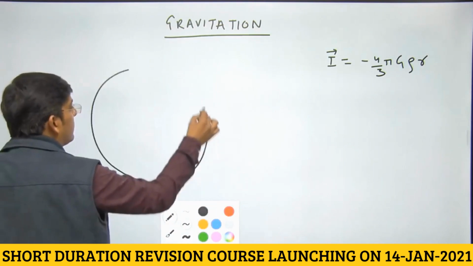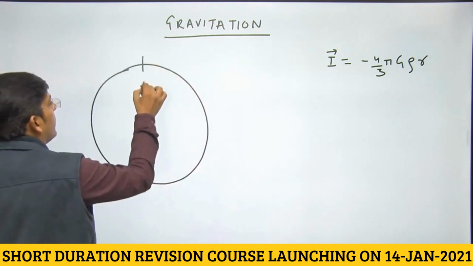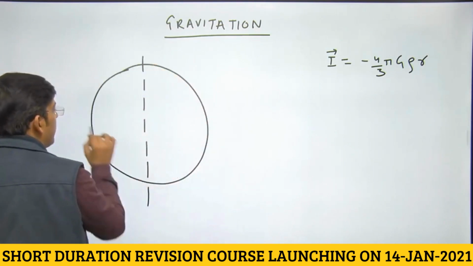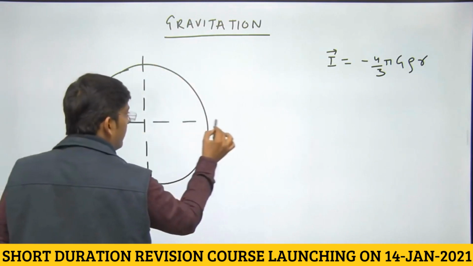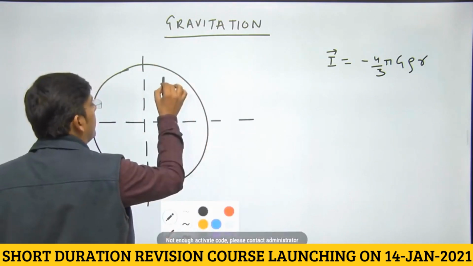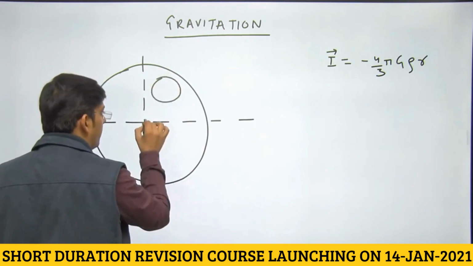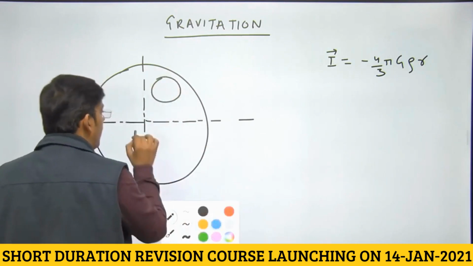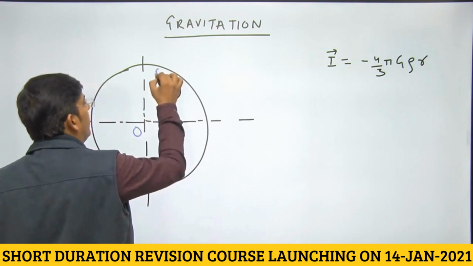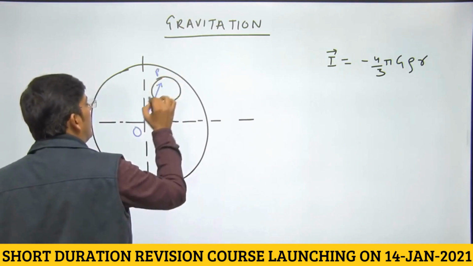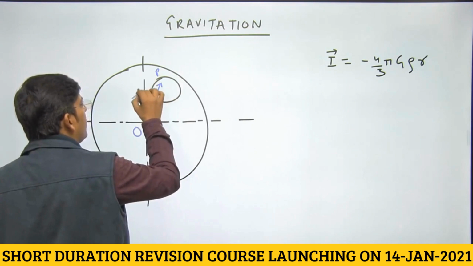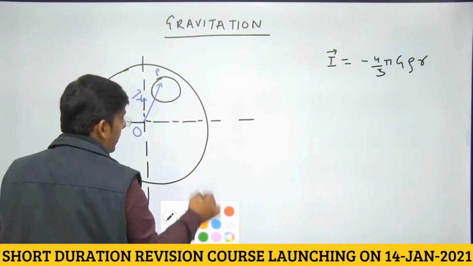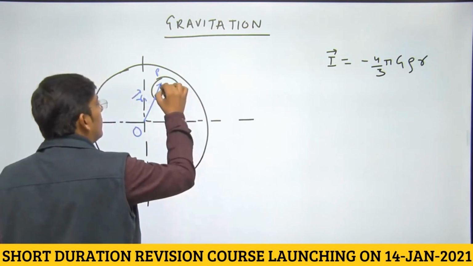This is a solid sphere, otherwise continuous solid sphere, has a spherical cavity inside it. This is point O, this is point P, and you are asked to calculate the value of gravitational field intensity at this point P, right?